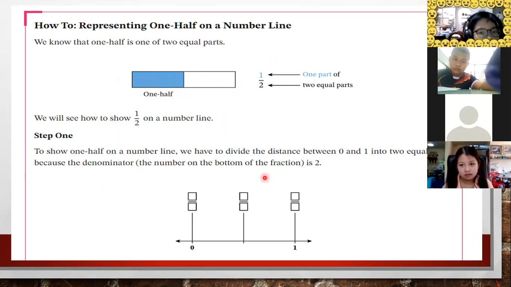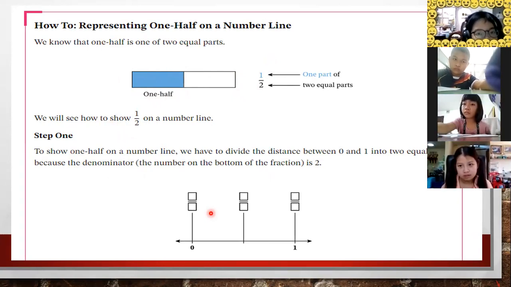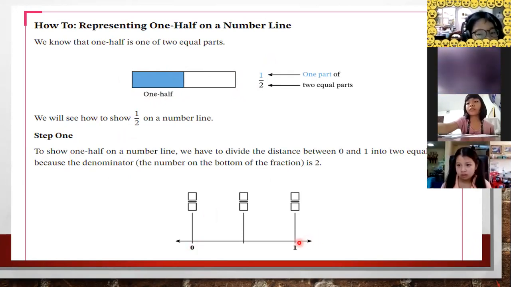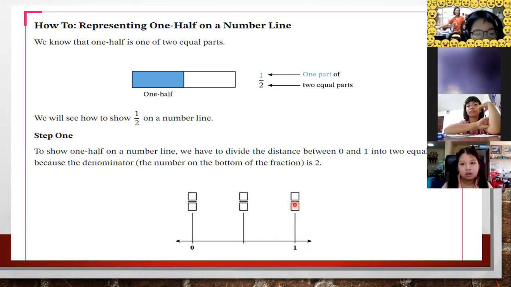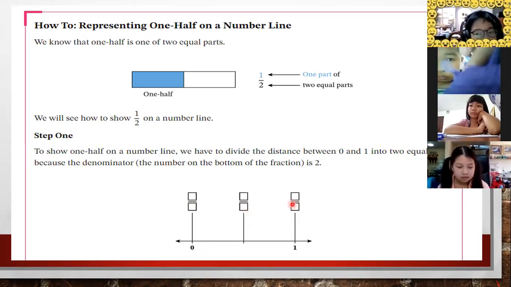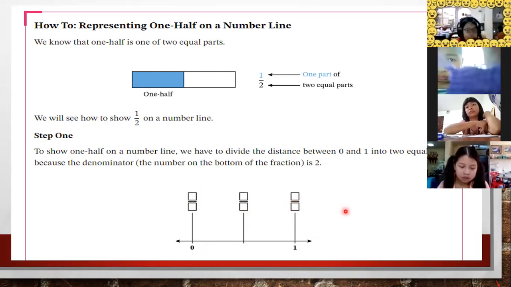Step 1. To show 1/2 on a number line, we have to divide the distance between 0 and 1 into equal parts, because the denominator, the number on the bottom of the fraction, is 2. So here, you are going to write the fraction. You see the distance like 1/2, 1/3, and 1/4.